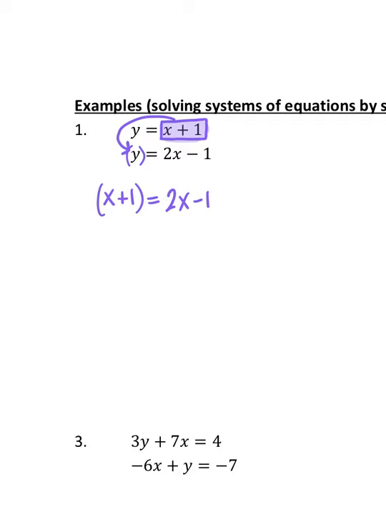So now I'm solving for x. So I have x plus 1 equals 2x minus 1. I'm going to combine, so I'm going to subtract 2x from both sides, and I get negative x plus 1 equals negative 1.